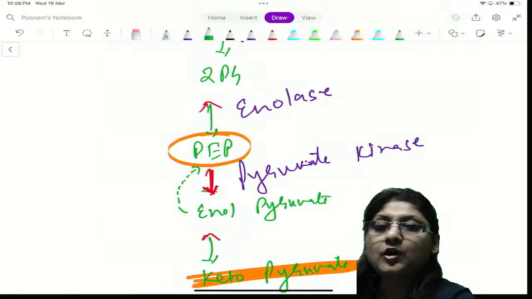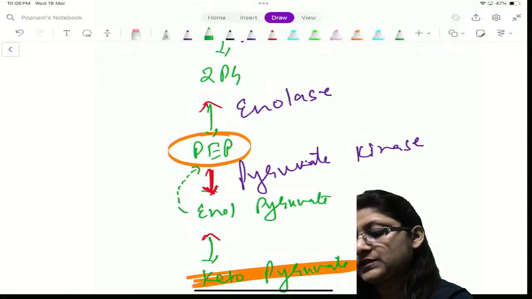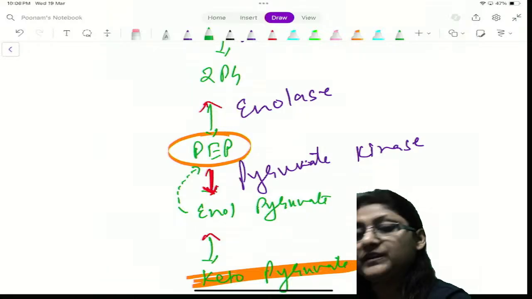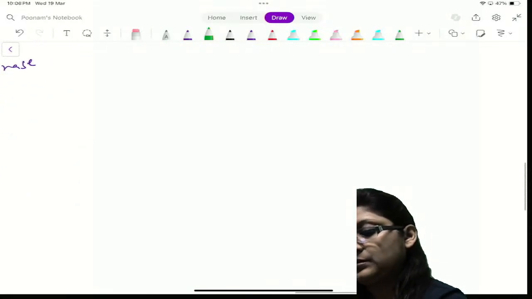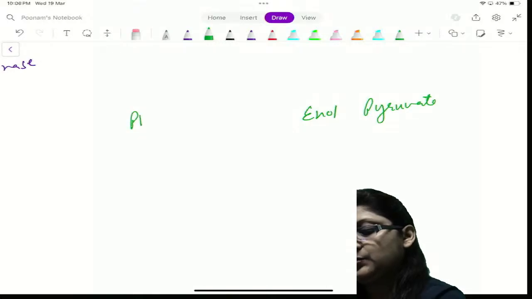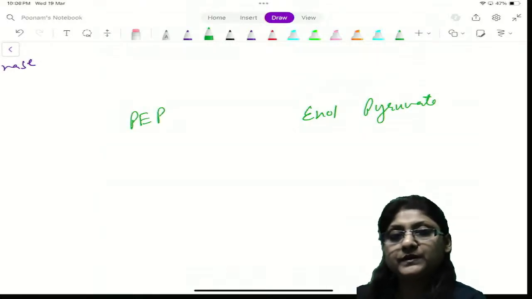So let's talk about that reaction in gluconeogenesis. How this enol pyruvate is converted to phosphoenol pyruvate. For that, I'm going to write enol pyruvate here. And we'll be explaining you how this phosphoenol pyruvate is produced.